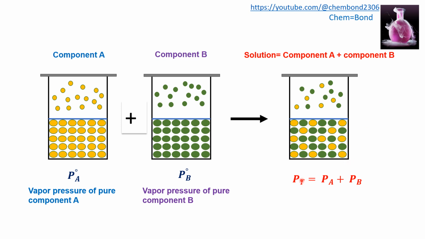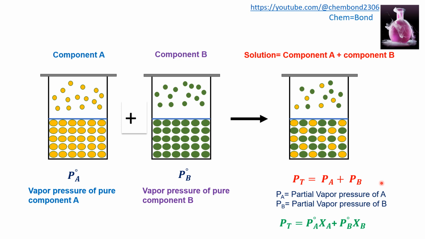So PT, that is total pressure, is equal to PA plus PB. It is noted that here P naught A is for pure component and P naught B is for pure component. But here PA and PB are used, that are the partial vapor pressure of component A and component B. From Raoult's law, these are the partial vapor pressures of component A and B.